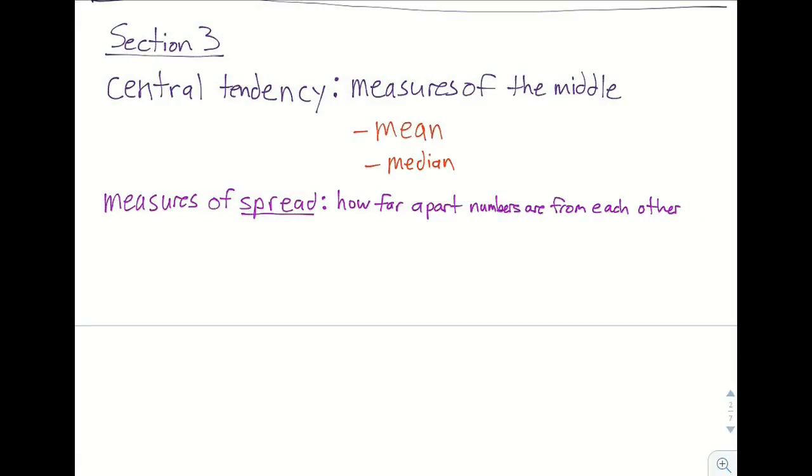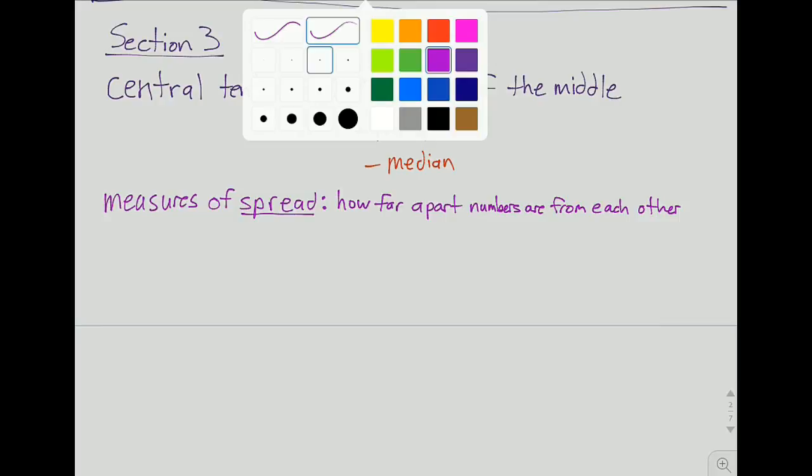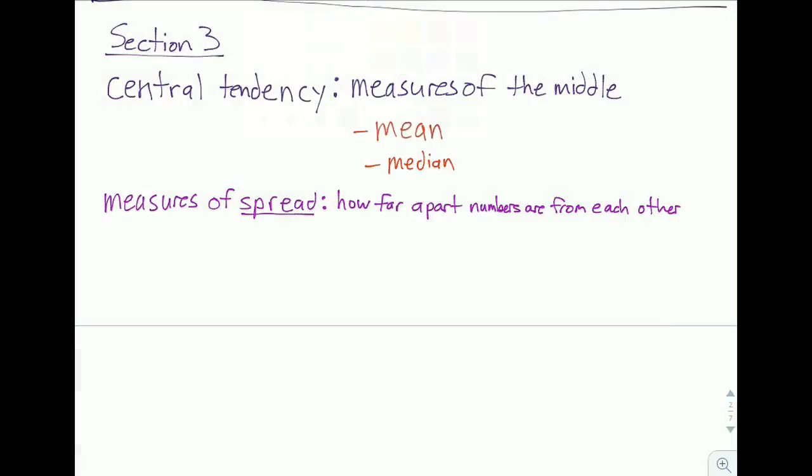So that's something that you want to look for when you're looking at data, is how similar, how clumped are these numbers. A picture that might help with this would be something like the difference between a target and having a bunch of things all really clumped up into the middle versus a target where everything is spread out.